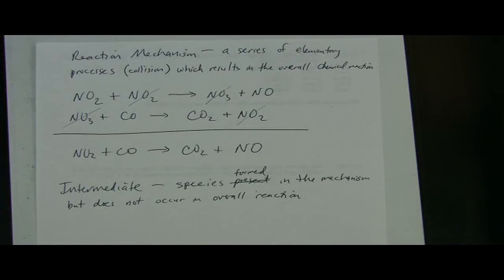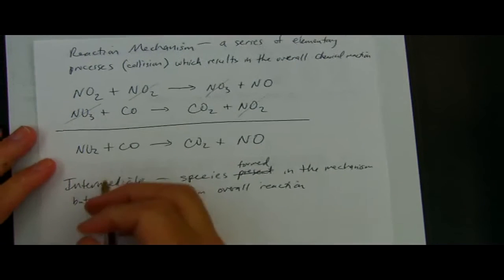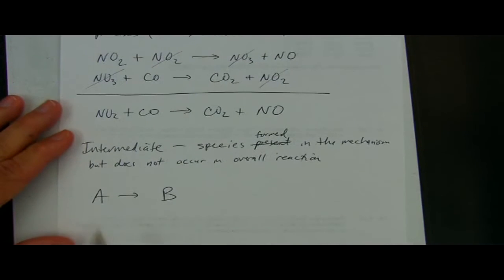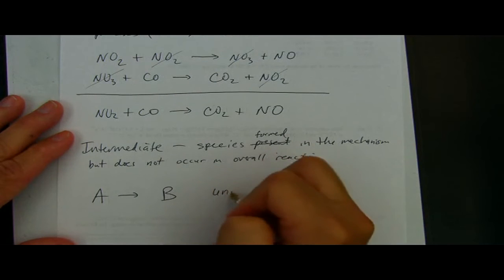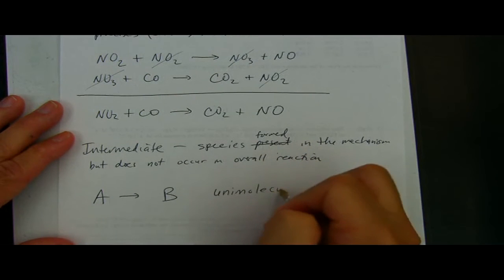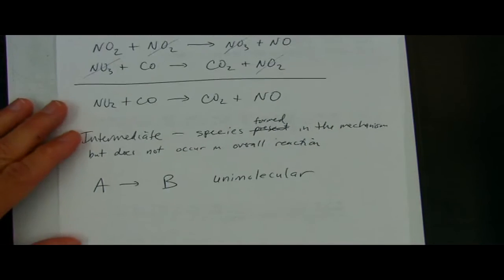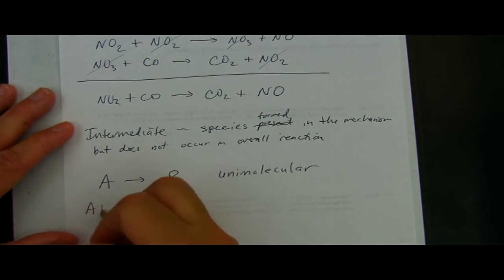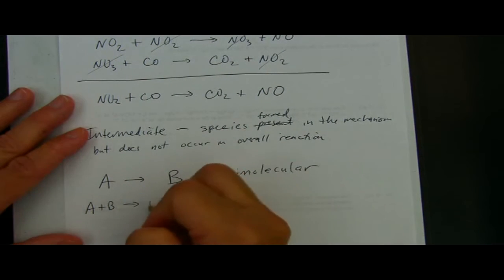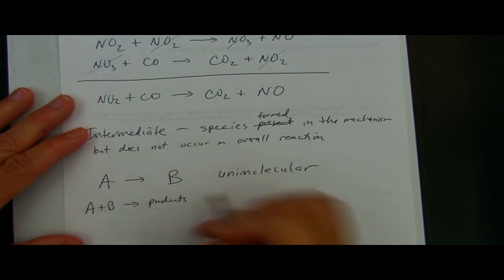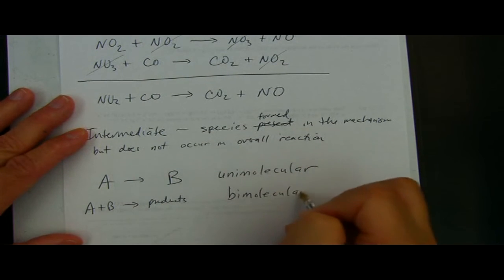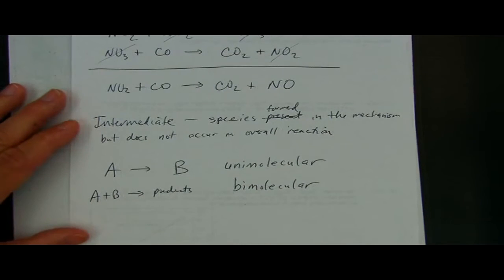Molecularity. If you have a reaction that goes like this, if that's a step in the reaction, that's called unimolecular, because only one thing shows up on the left-hand side. If you have A plus B goes to form products, it doesn't matter what it is, that's called bimolecular, because two things collide.